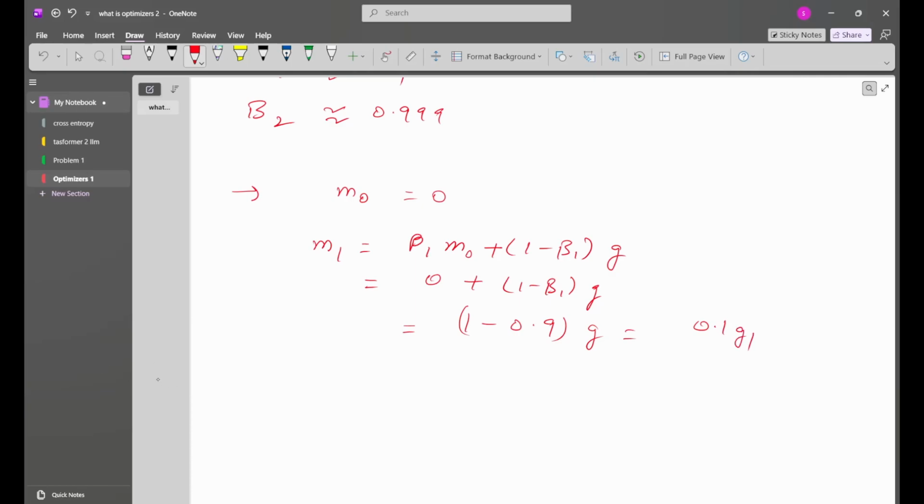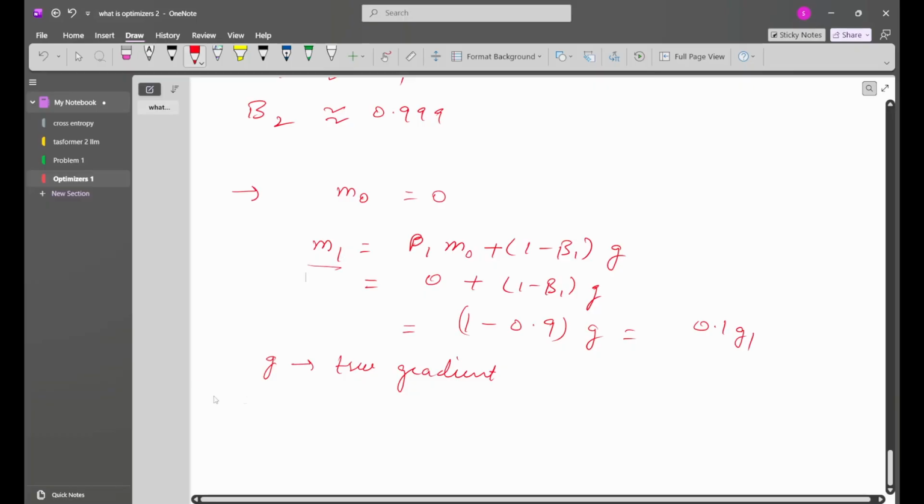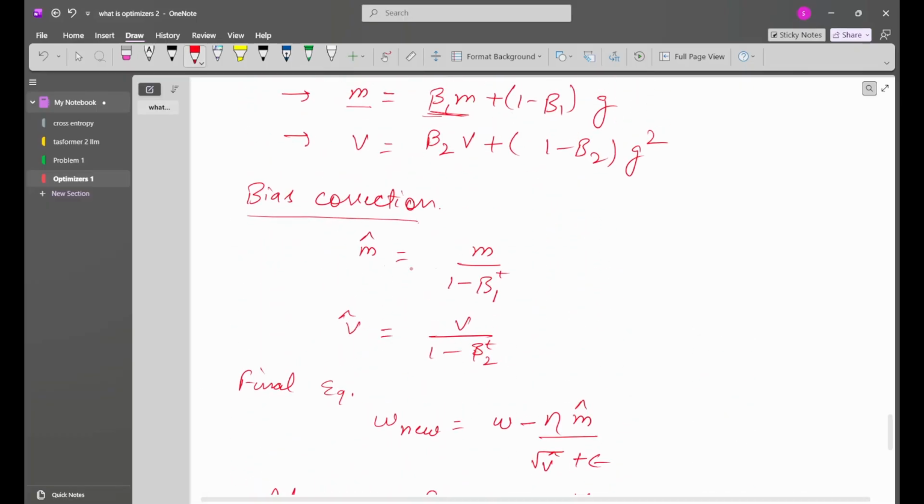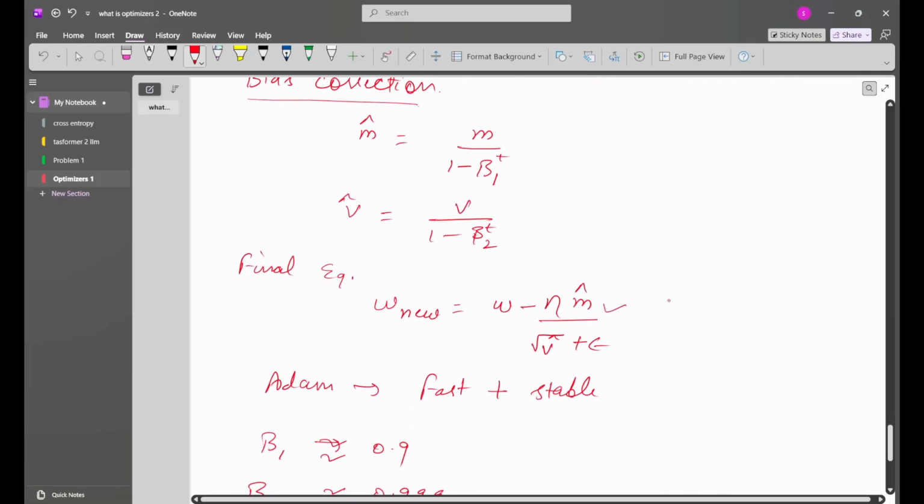But in the very first weight update, the true gradient is G. Our first moment equation, if we don't use bias correction, will give m equal to 0.1 g.